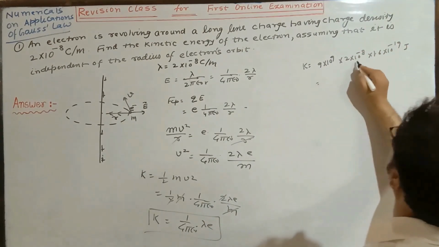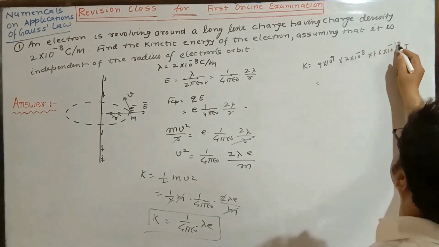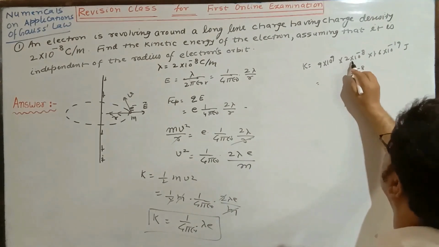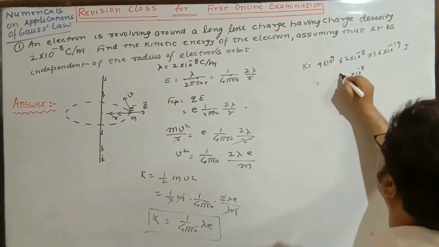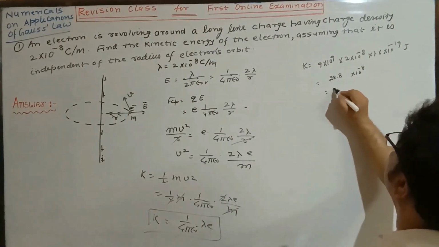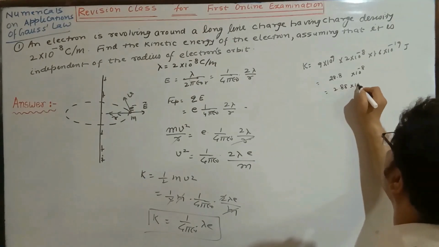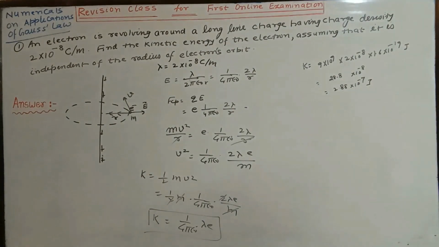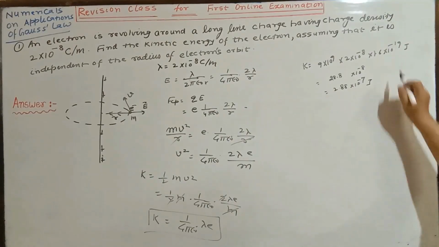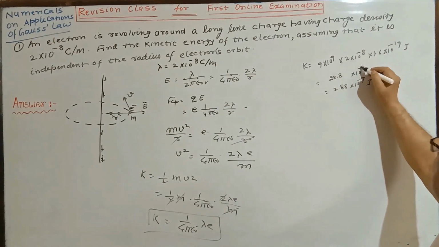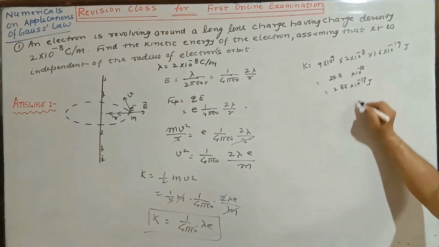If you multiply it, the 9 goes, 10 to the power minus 8 and minus 19 gives 10 to the power minus 18, and this is 1.6 into 2 is 3.2, 3.2 into 9, so 28.8 into 10 to the power minus 18, which is 2.88 into 10 to the power minus 17 joule. Here we are missing one thing: this is 10 to the power minus 19, so it's quite obvious this is minus 17. So this is the answer.